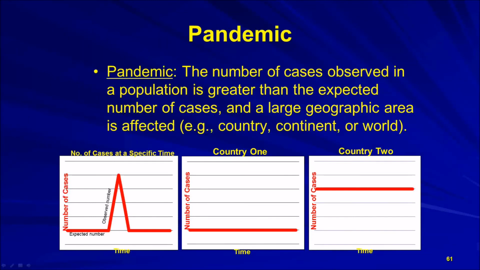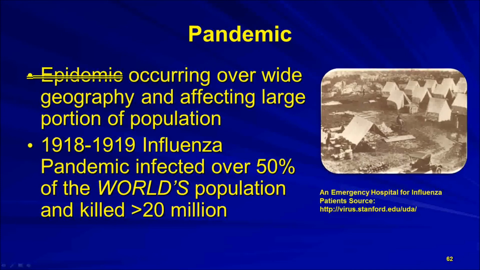Okay, now let me show you. See, this is a mislabeling, and I'm trying to get that across. And we see this all the time in the news media, here amongst professionals. It says an epidemic occurring over wide geographic area and affecting large portions of the population.